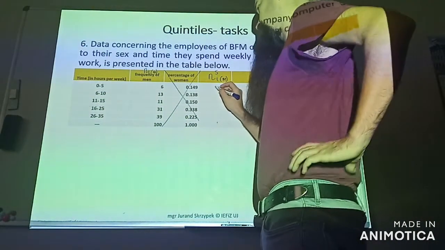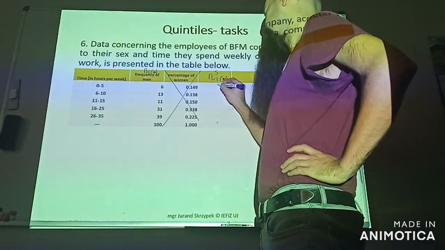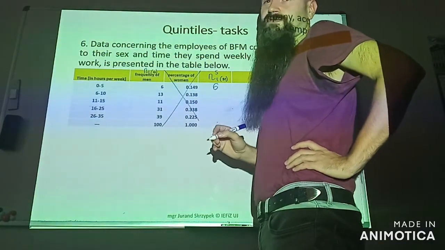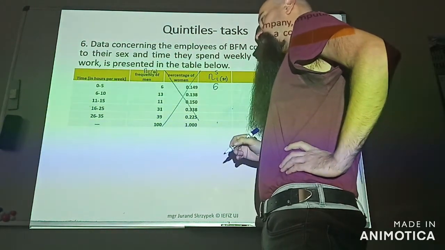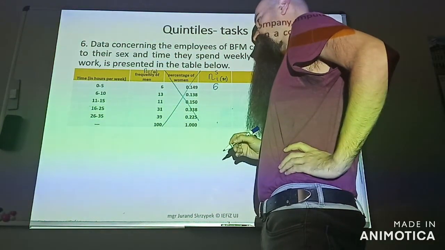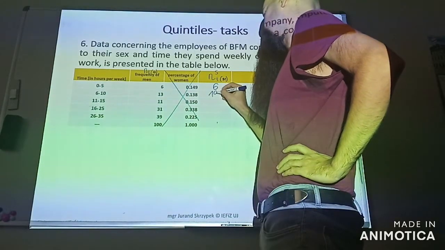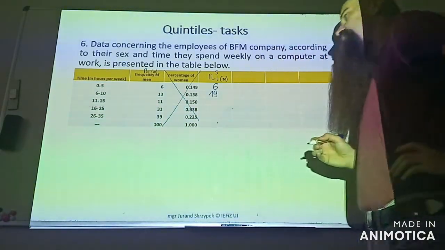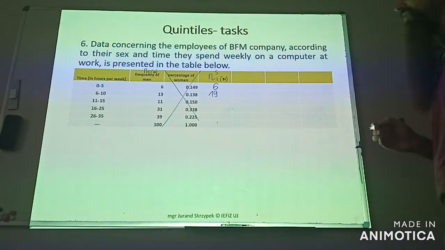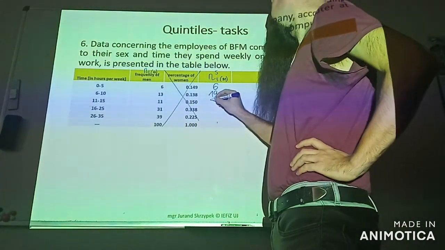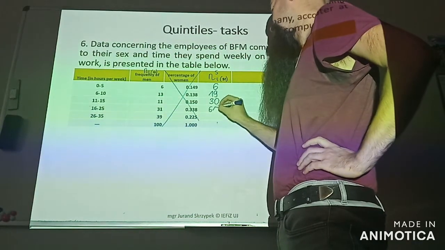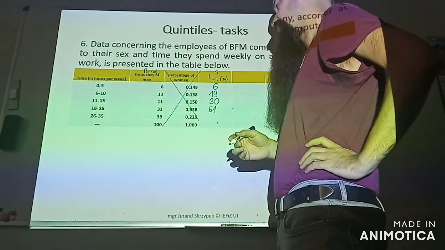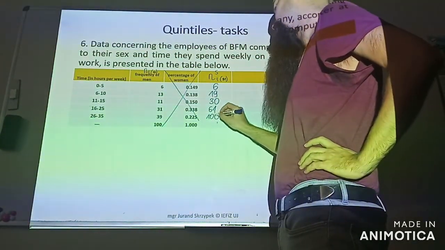The first cumulative frequency is the same as first frequency, 6. 6 plus 13 gives us the second cumulative frequency, which is 19. 19 plus 11, 30, 30 plus 31, 61, and 61 plus 39, of course, it's what? 100.